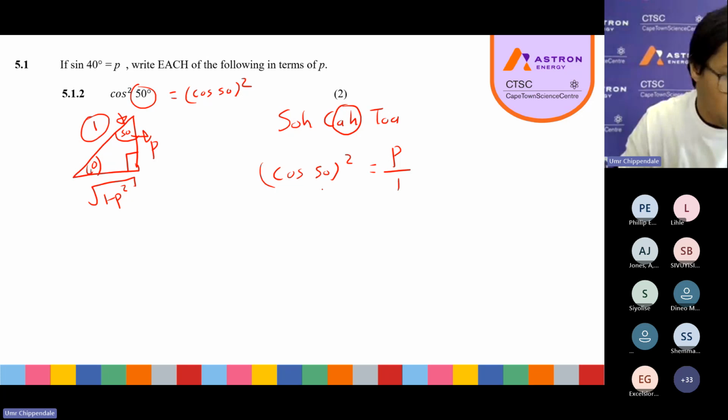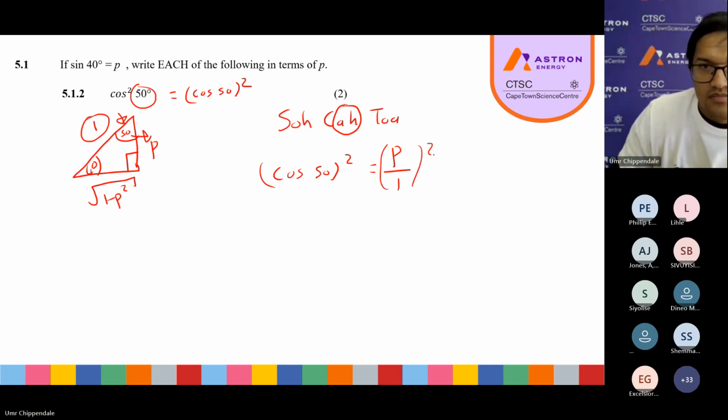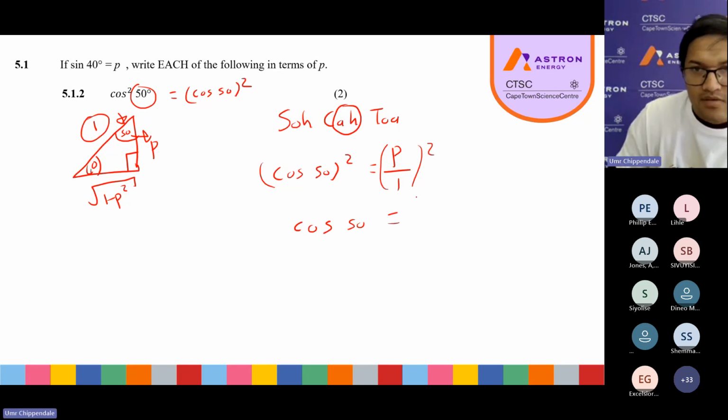So in that particular case, we're going to deal with it like this. So we have it as adjacent over hypotenuse. So therefore, this is going to be squared, right? And then your answer is going to be cos of 50 is equal to, you square that, and that's going to be P squared.